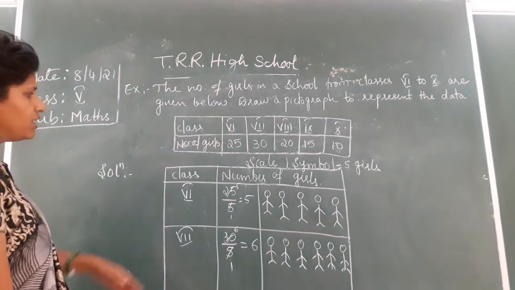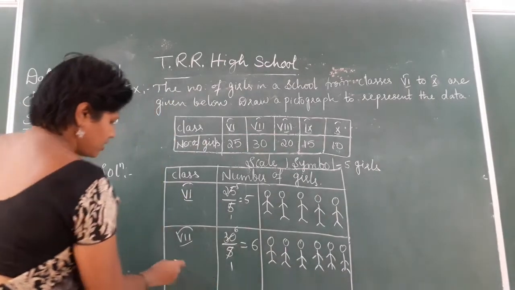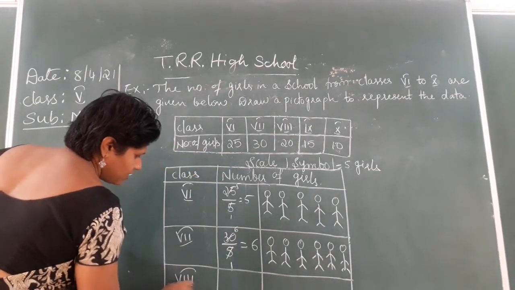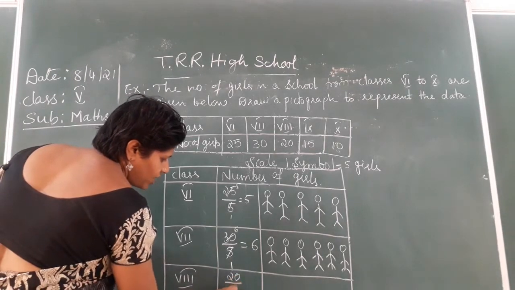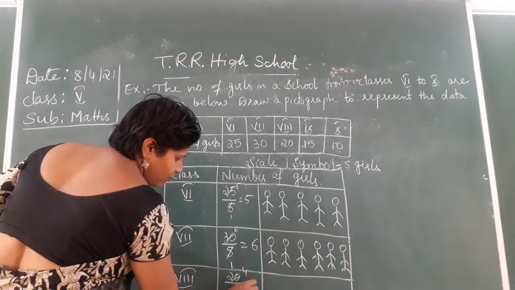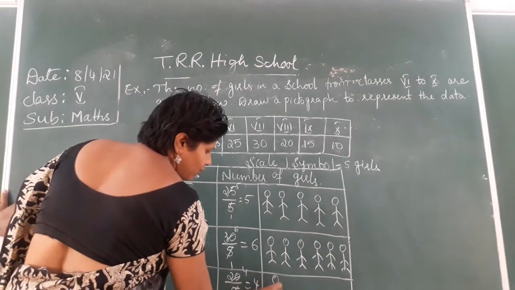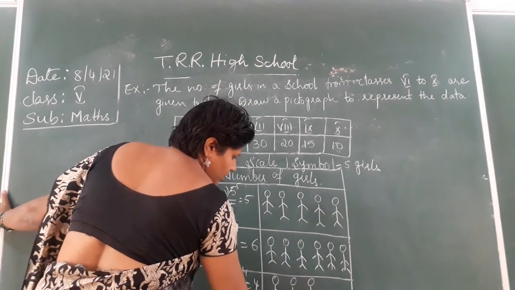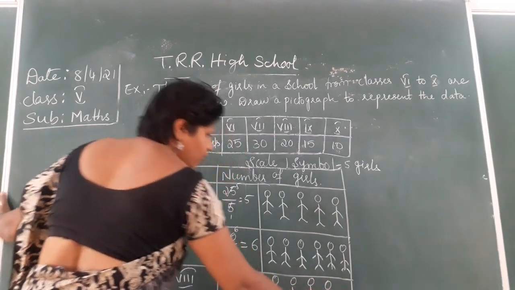Understood? Now in the same way, for 8th class, 20. So 20 by 5, 5 fours are 20, so it is 4. So you have to draw 4 shapes: 1, 2, 3 and 4.